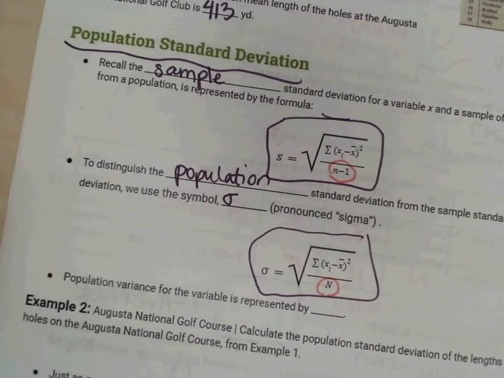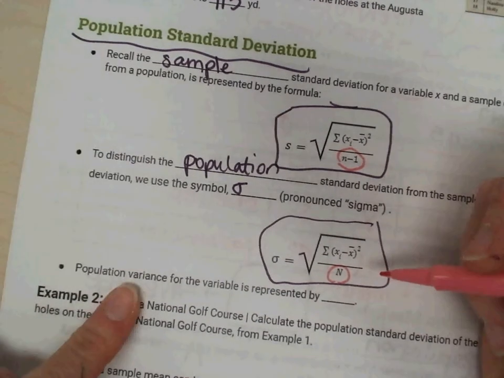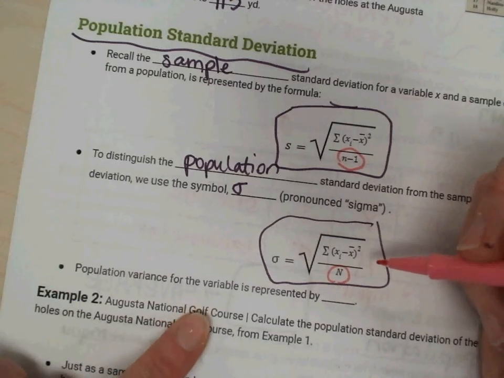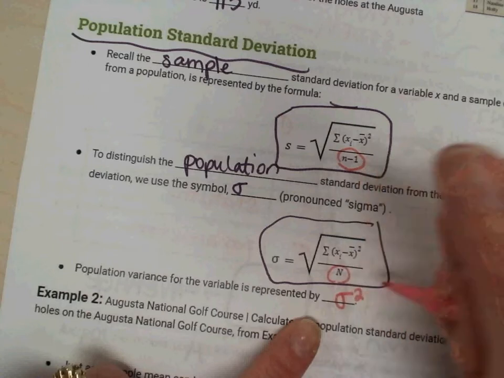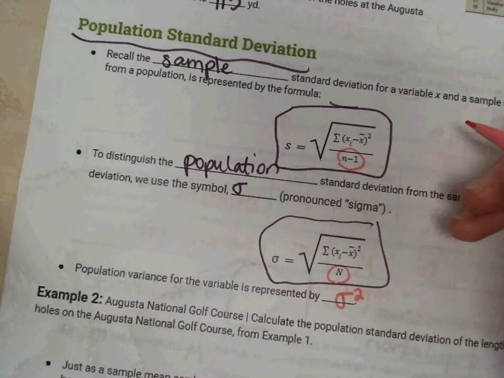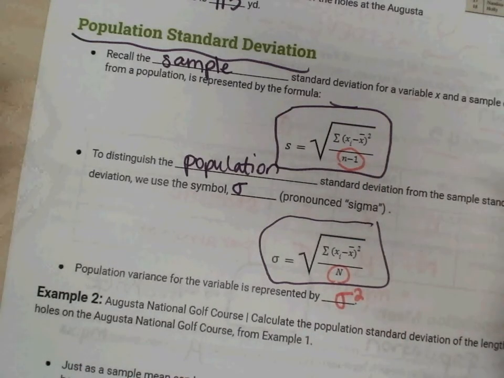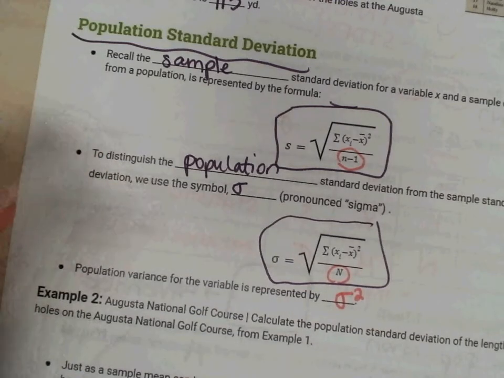So it all kind of ties back into this empirical rule right here. So the population variance for the variable is represented by sigma squared, just like the sample variance was represented by s squared, lowercase s.